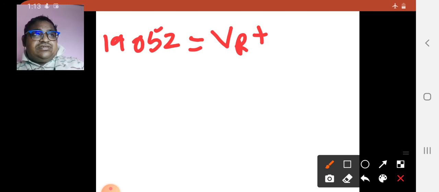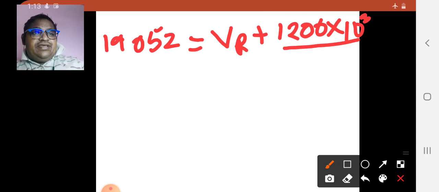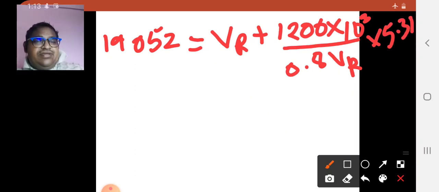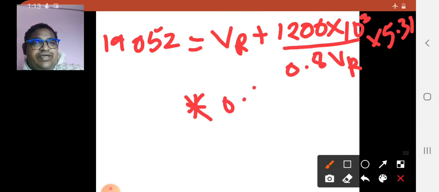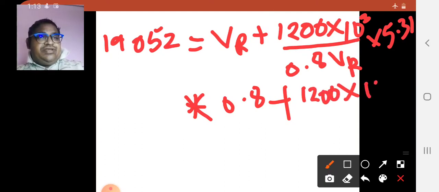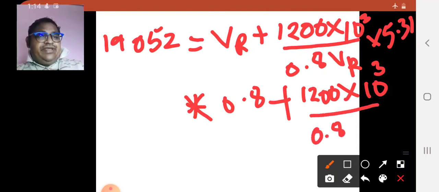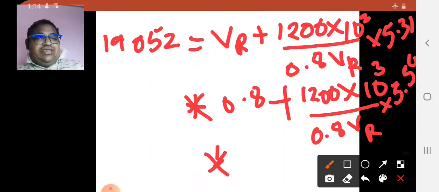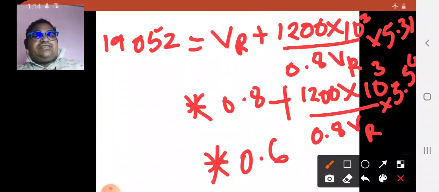I indicates 1200 into 10 cube by 0.8 VR, into R, resistance is 5.31, into power factor 0.8, plus I into XL, that is 1200 into 10 cube divided by 0.8 VR into 5.54 into sin phi. If cos phi is 0.8, then sin phi is 0.6.